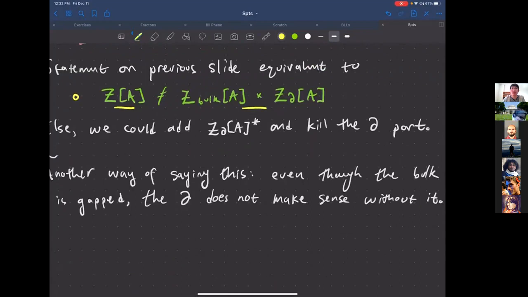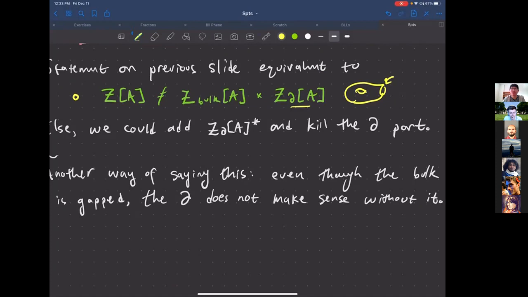If everything was local, and given that the system I'm considering doesn't have any low energy degrees of freedom, one thing you might expect is that the partition function on a collection of manifolds like this would just be a product of the partition functions. And in the case where I had a boundary, the partition function would be something on the bulk times some separate thing living on the boundary.